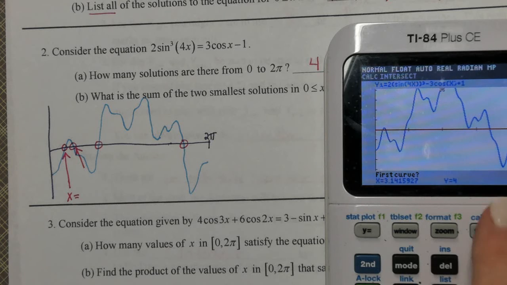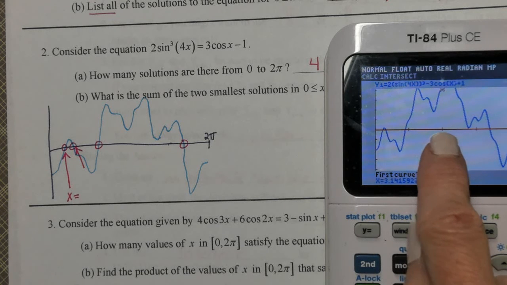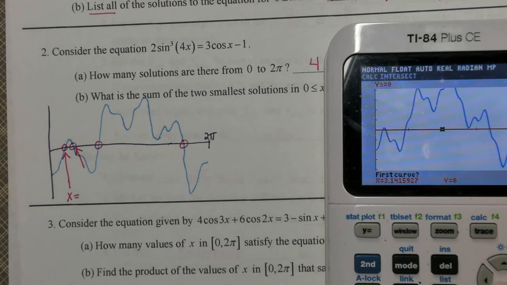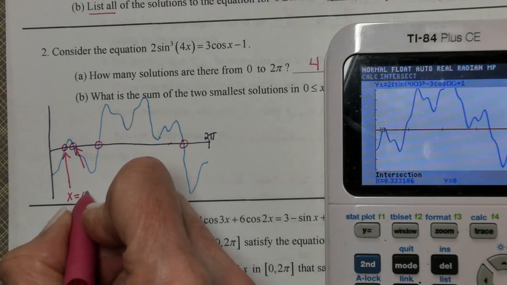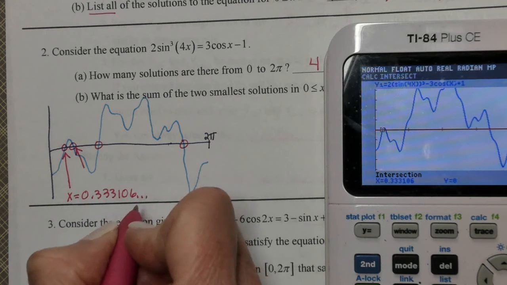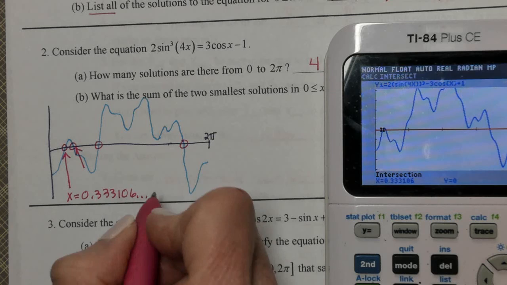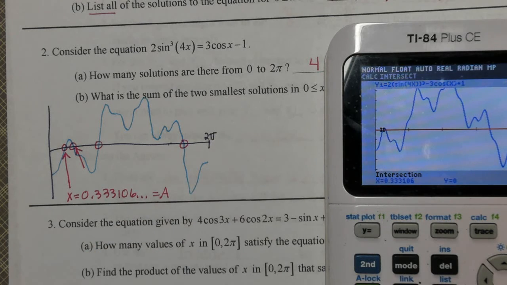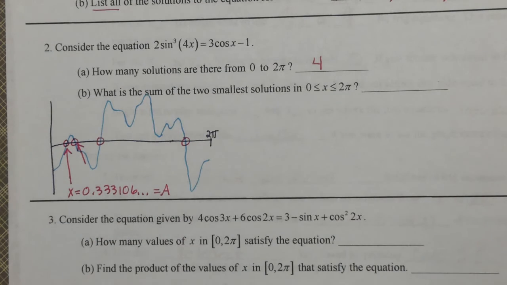I am going to jump down here to the y equals 0 equation, and I did that just by pushing the down arrow. I'm going to come over here really close to this one, enter, enter, enter, and that gives me 0.333106, and I know that that's going to go on and on. I want to store that in for A.